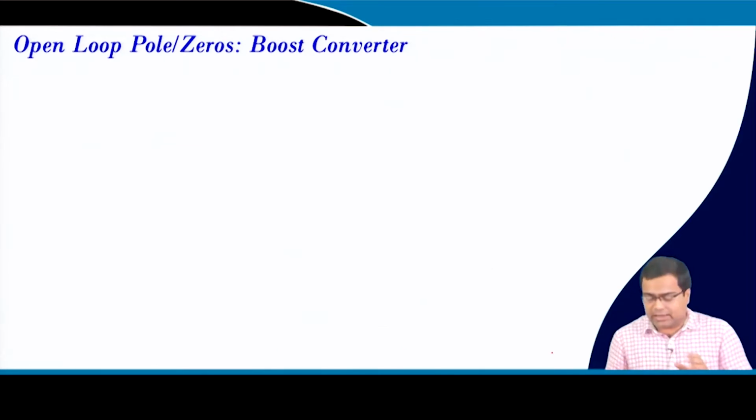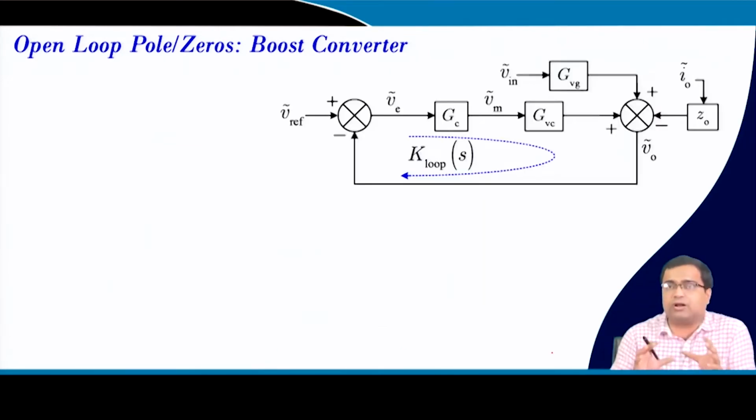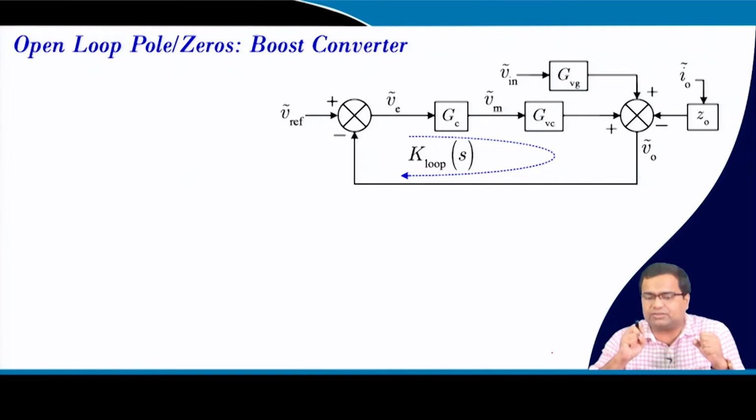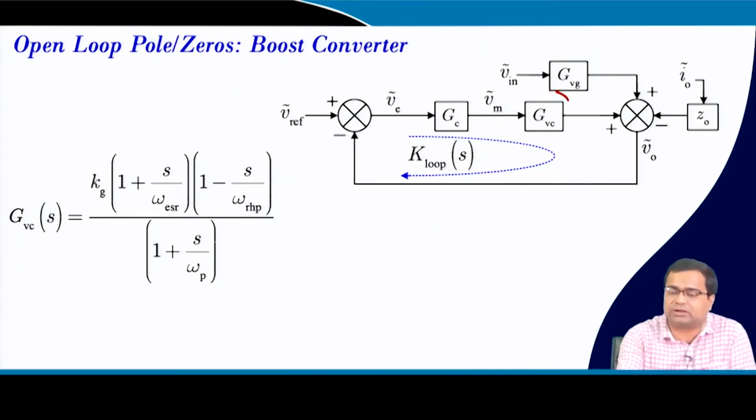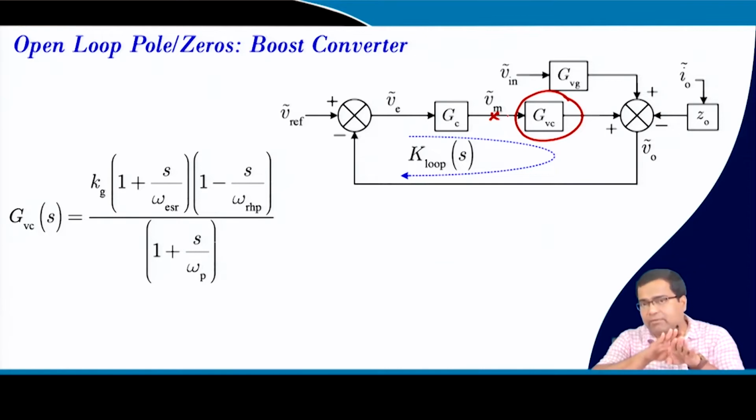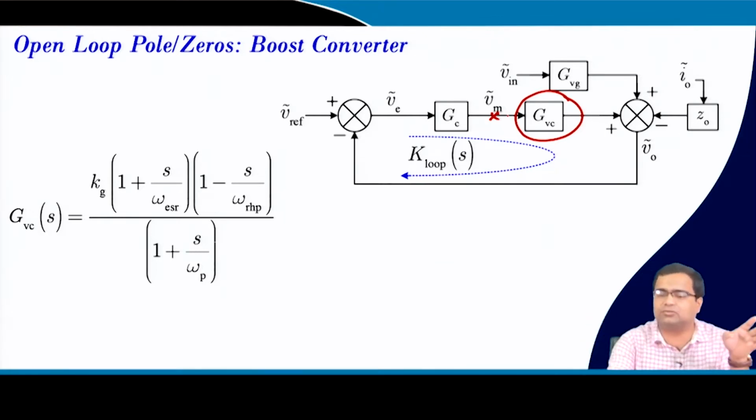Now, in the boost converter we want to design a closed loop control, right. So, that means we have to shape the loop transfer function. Our open loop control to output transfer function, open loop meaning the inner current loop is closed but we disconnect the outer loop, so we have a control current reference, and that is why we got GVC.